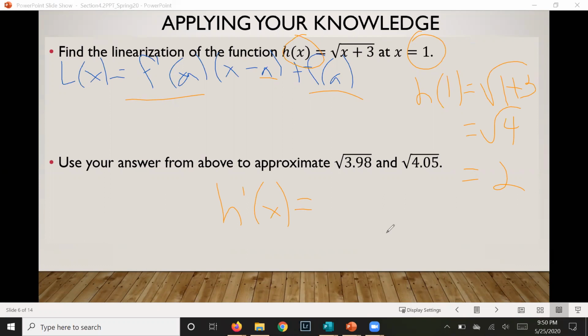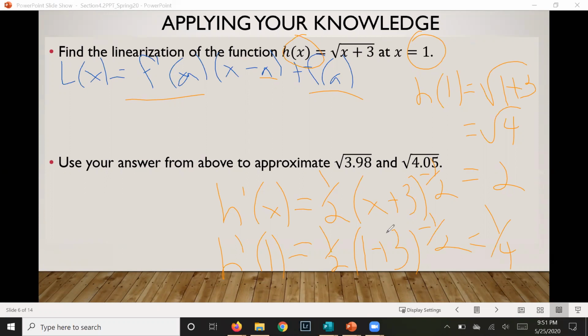That's going to become 1/2 times x plus 3 to the negative 1/2. And then we'll plug in our point to that. So I have 1/2 times 1 plus 3 to the negative 1/2. And that will give us 1/4 if you work that out.